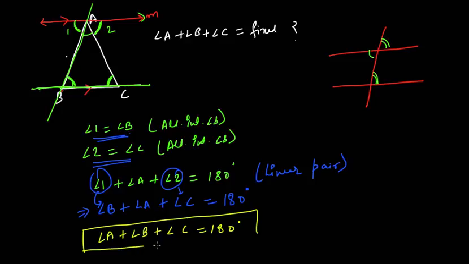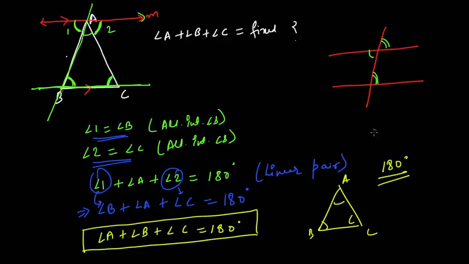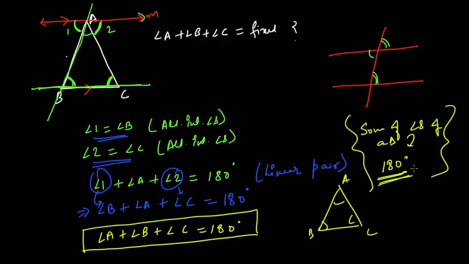This is a very basic and important theorem related to triangles, and it says that for any triangle, because this was just a random triangle that we took without considering any specific condition, for any triangle ABC, the sum of angles of a triangle will always be 180 degrees. It won't be lesser than this, it won't be more than this.